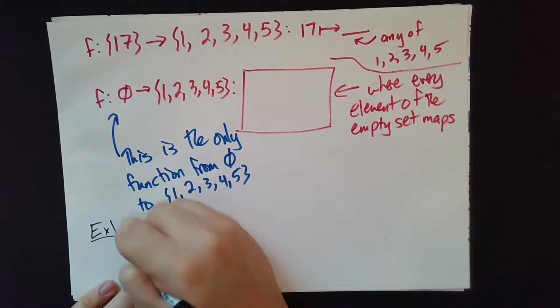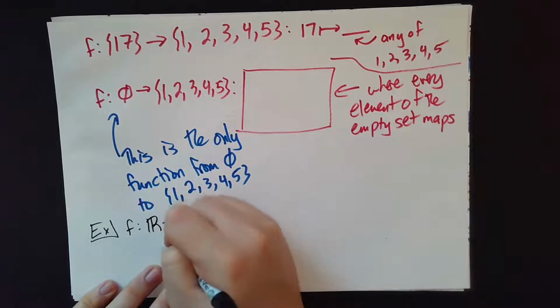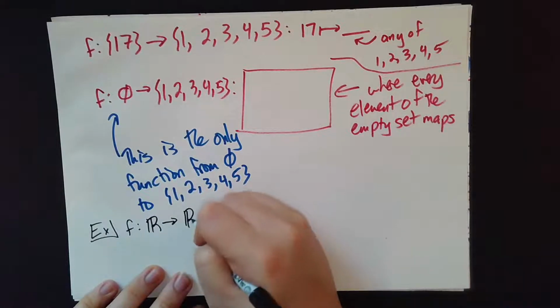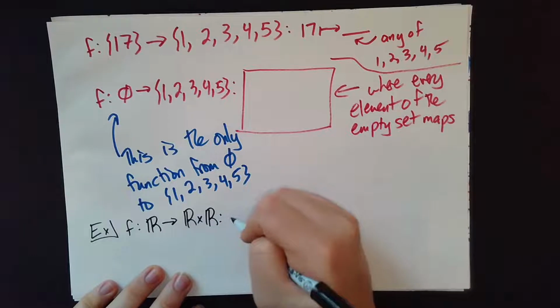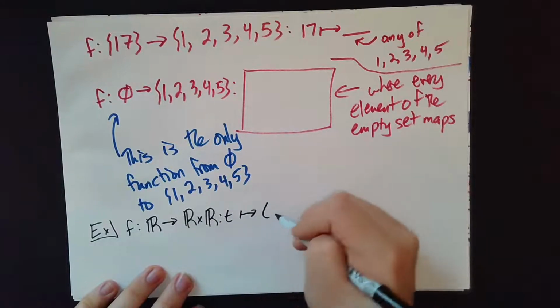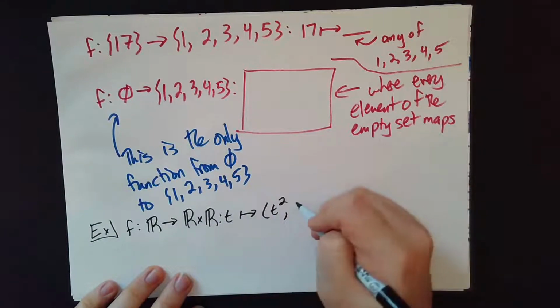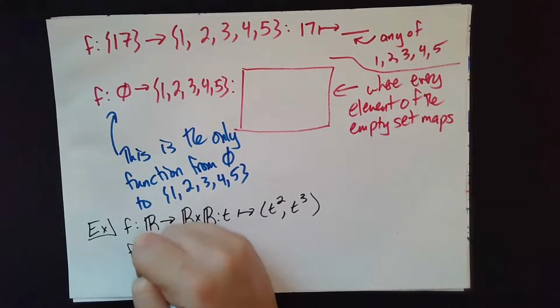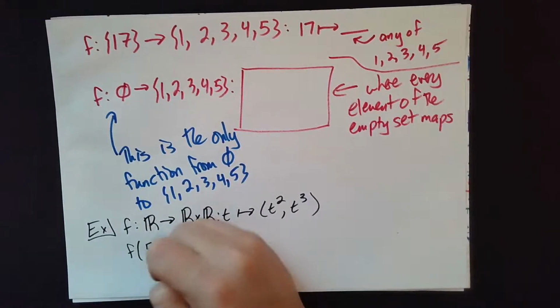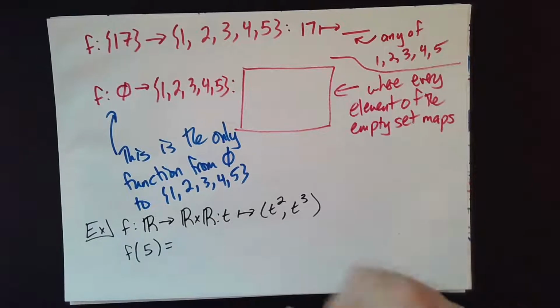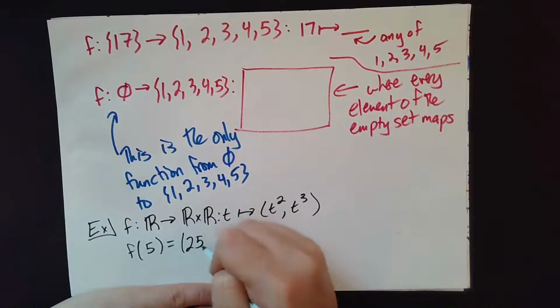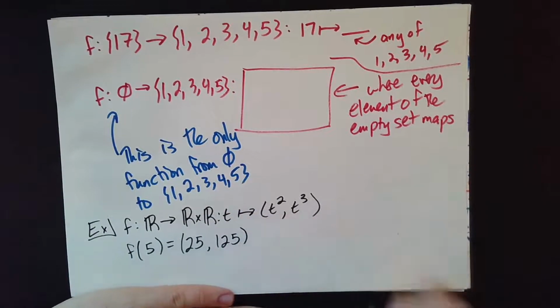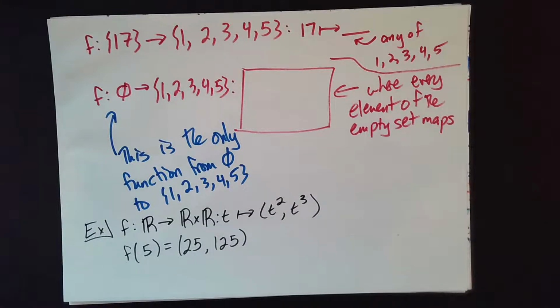I could take something f from R to R cross R, that takes t to (t squared, t cubed). And so, for example, if you were to take f of 5, it would give you the ordered pair (25, 125).